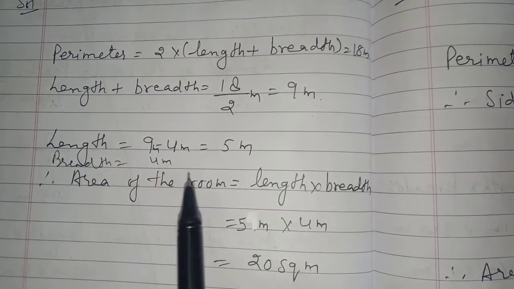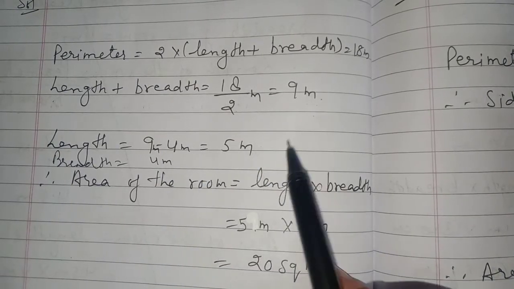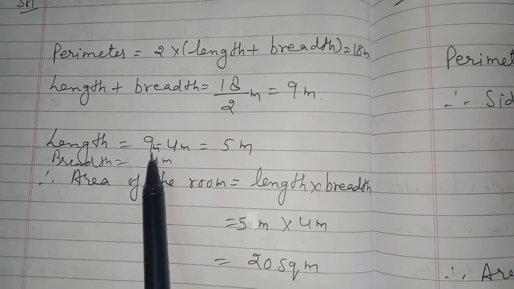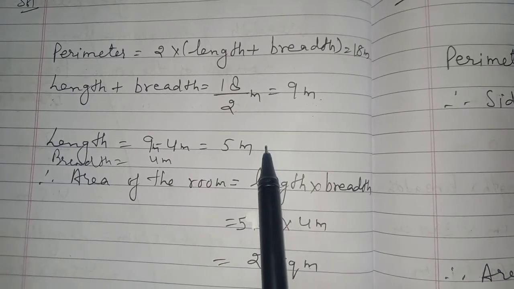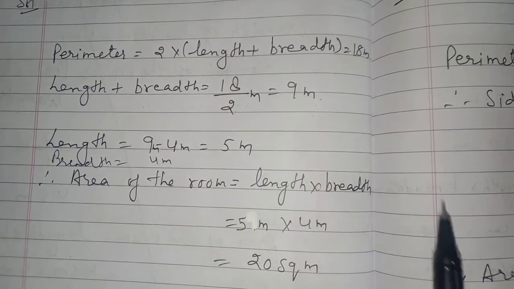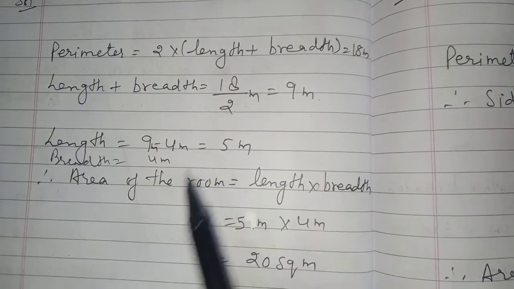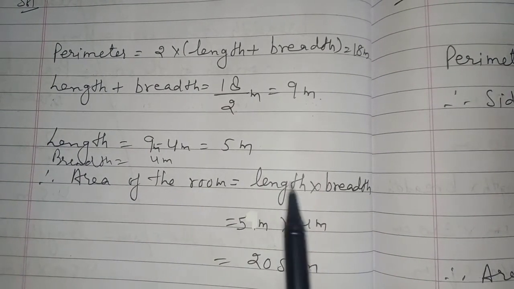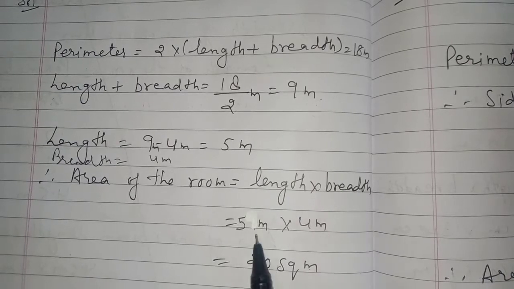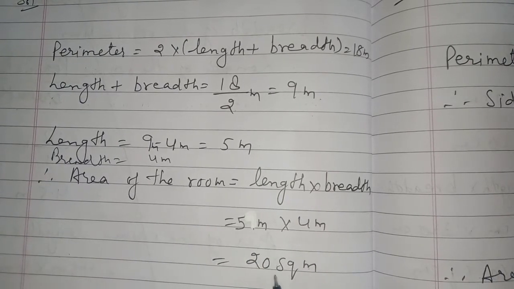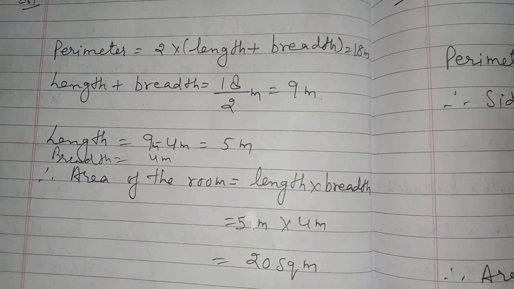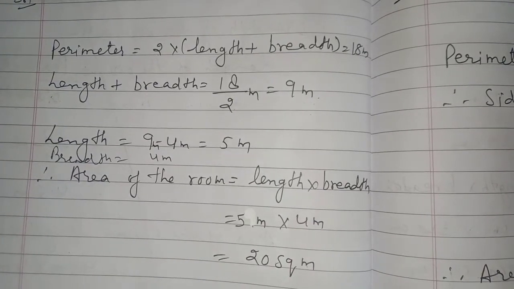If we subtract the breadth from the total, we get the length. That is 9 meter minus 4 meter, so 5 meter will be the length. Now that we know the length and breadth, we can easily find the area of the room. That is length multiplied by breadth, means 5 meter multiplied by 4 meter, that is 20 square meter will be the area of the room.